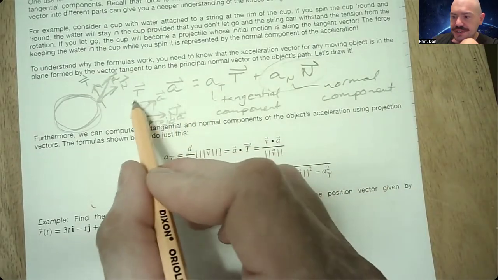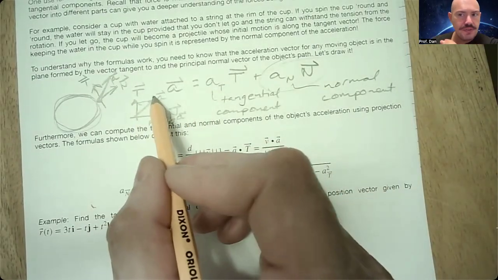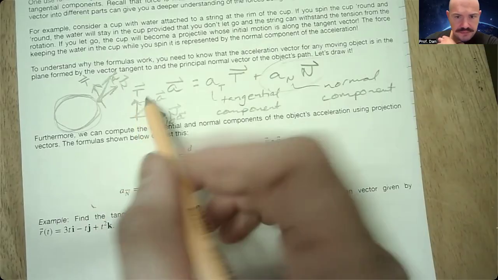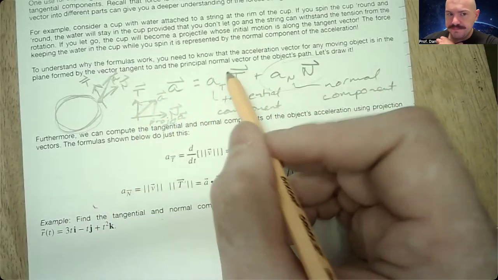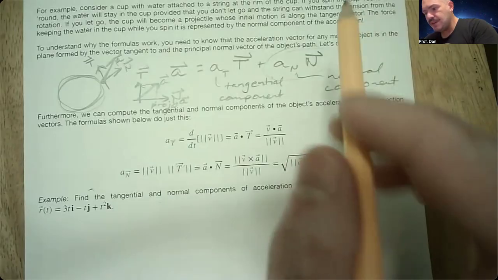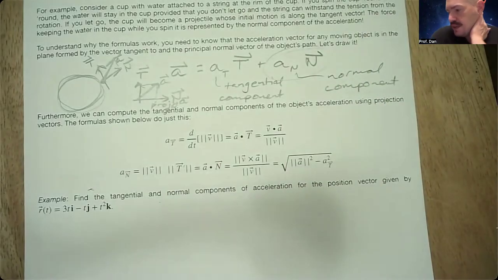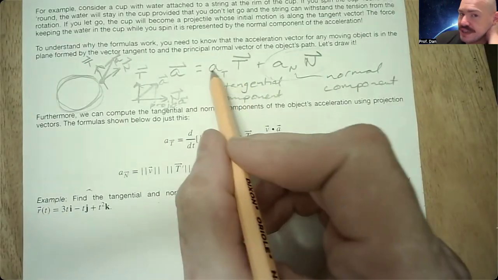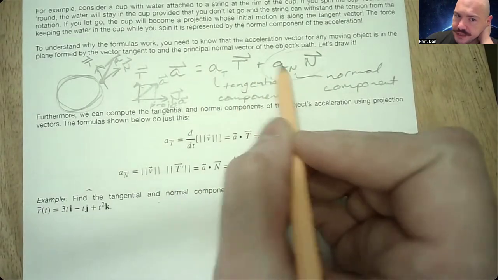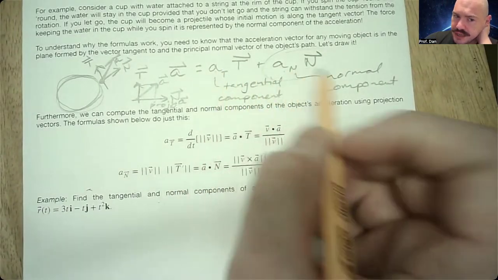Likewise, the projection of the acceleration vector onto the tangent vector will result in this term here. So when we're asked to find the tangential component and the normal component, we're just being asked for these values, a sub t, a sub n.